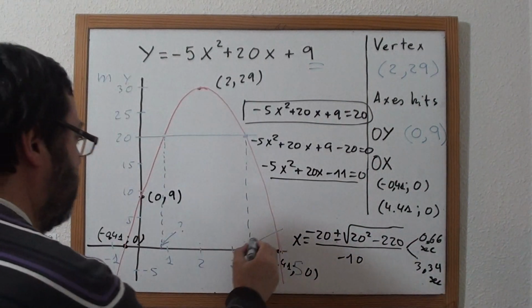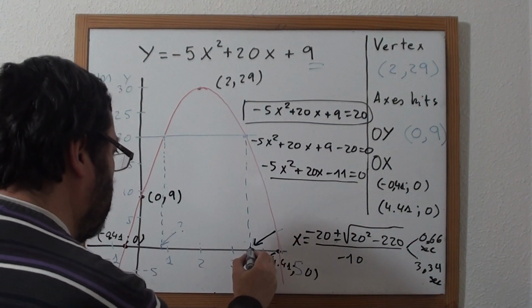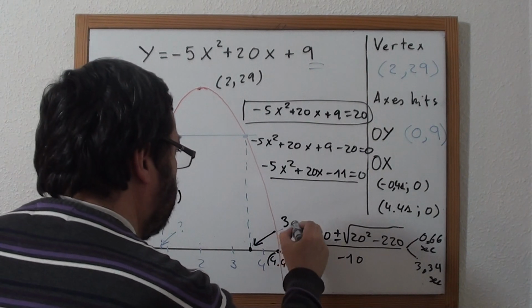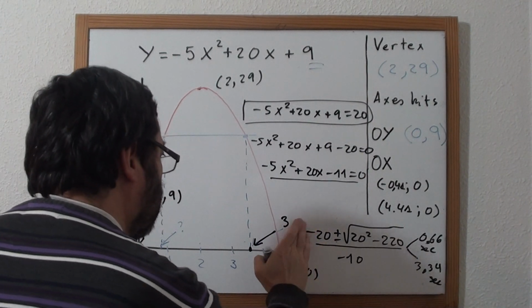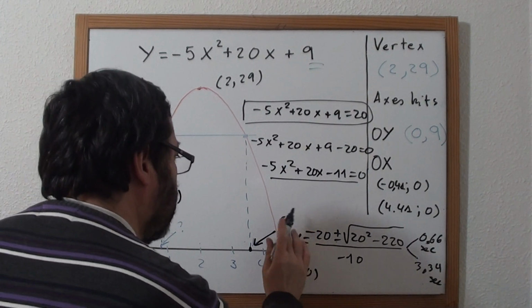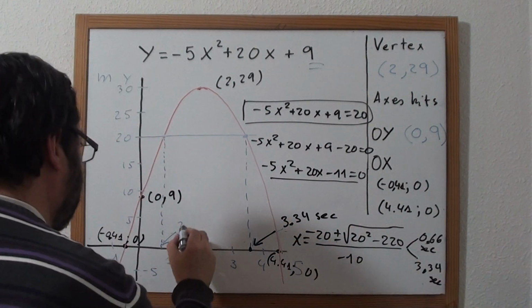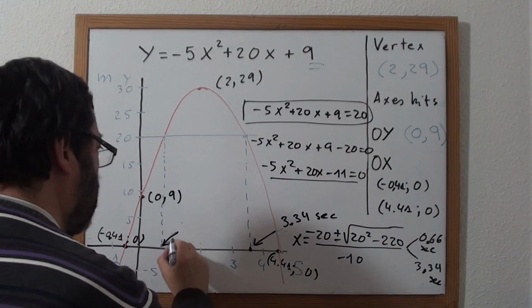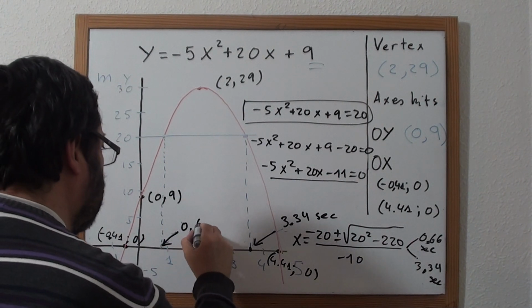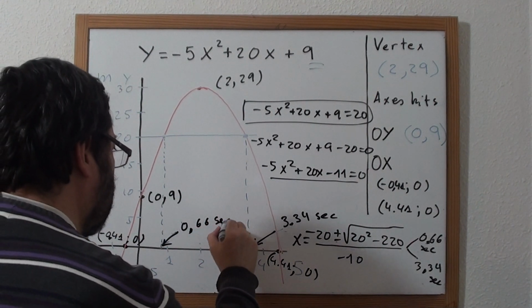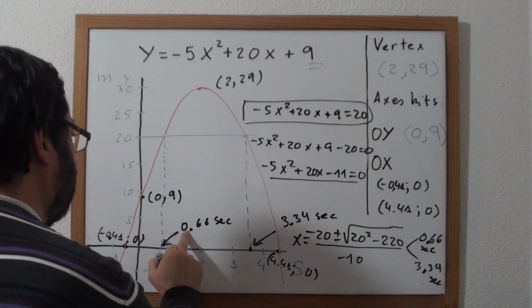So we already know this point here was 3 point, I use a comma as we do in Spanish, 34 seconds, and this point was 0.66 seconds.